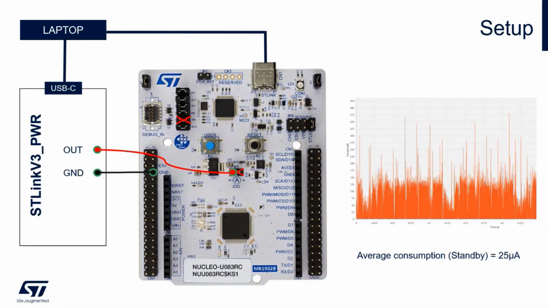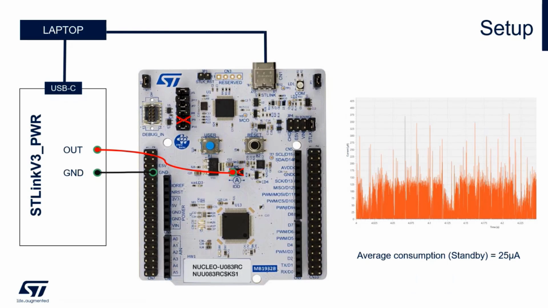Now I will explain how we will plug the STLink V3 power to the Nucleo. On the STLink V3 power, you have 3 connectors: the out, the ground, and the aux. The out will be very useful because through this connector, you will supply the MCU and measure its consumption. It's very important to focus only on the MCU consumption and not on the whole Nucleo board.